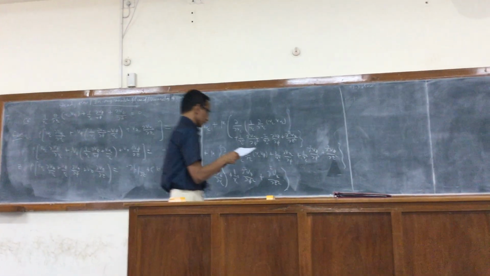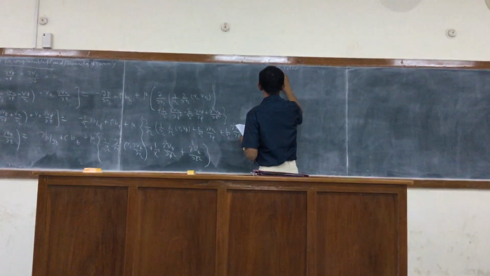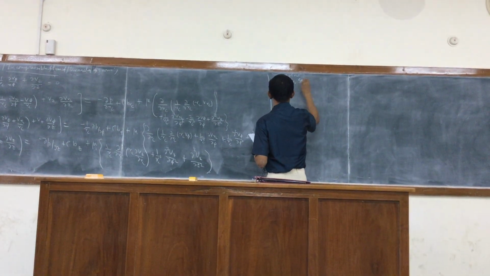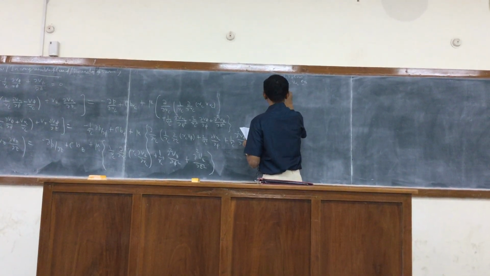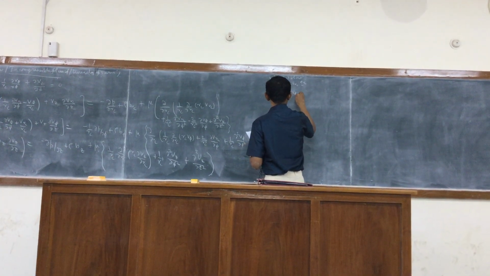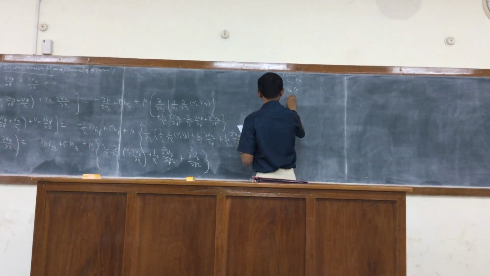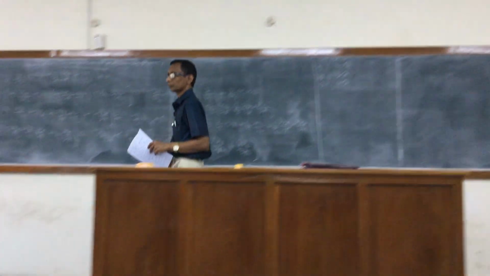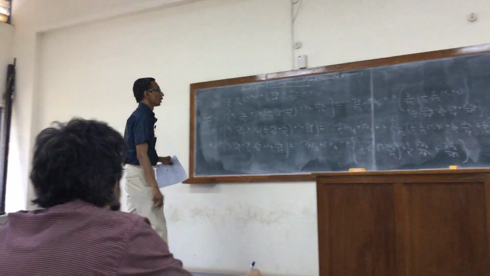So I consider three special cases. One is V equal to VRC, the second case is V equal to V phi, and the third case is V equal to VZ. Let's see how these equations modify.